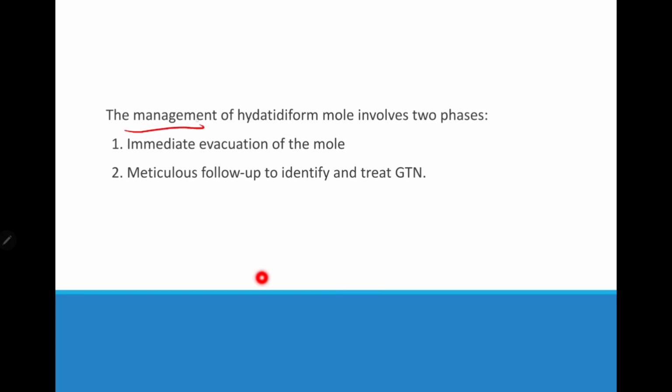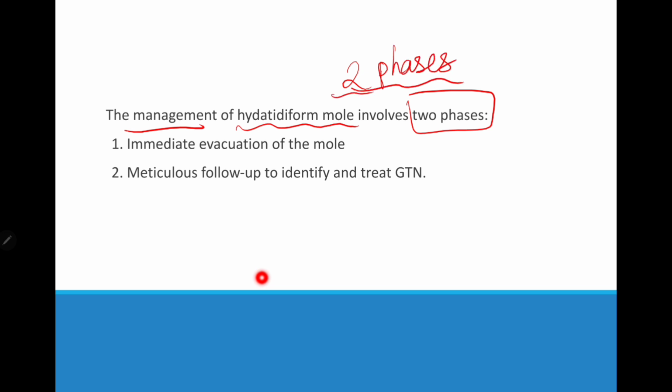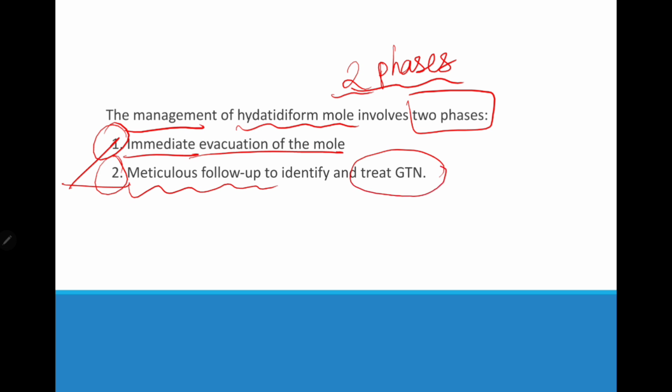Now the management of hydatidiform mole involves mainly two phases. We will be managing molar pregnancy in two phases. The first phase is immediate evacuation of the mole. The second phase is meticulous follow-up to identify and treat gestational trophoblastic neoplasia.